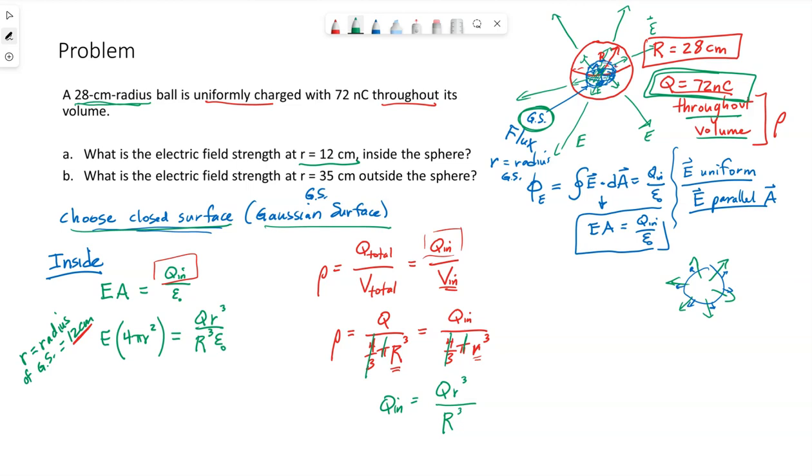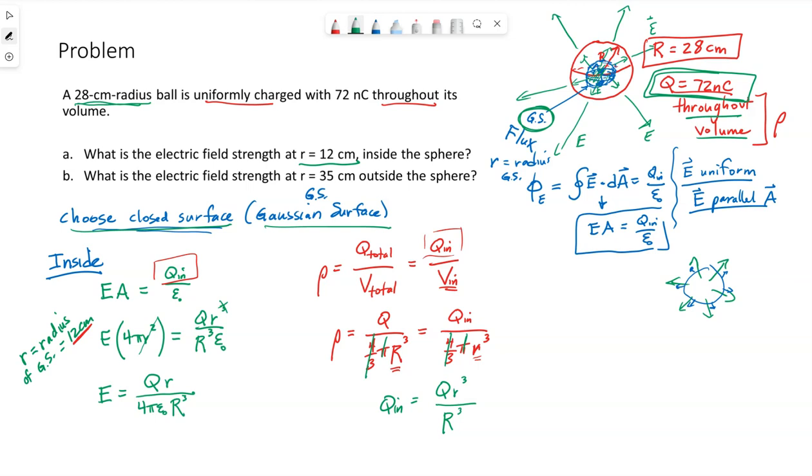Okay, now coming back to the left side, it turns out I can cancel the r squared with two of them on the right. If I solve for E, I get Q r over 4 pi epsilon naught R cubed.